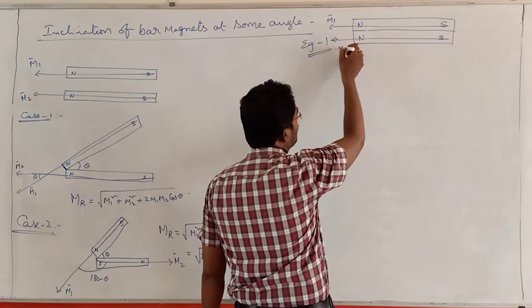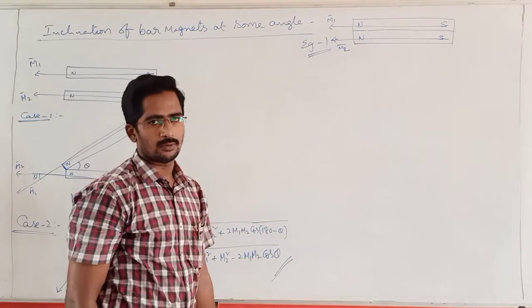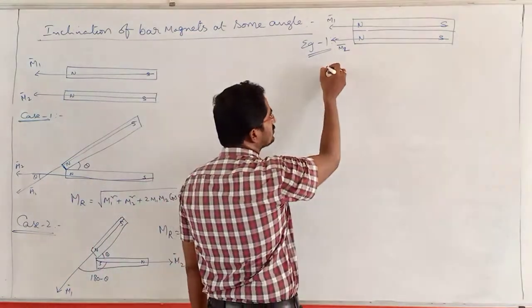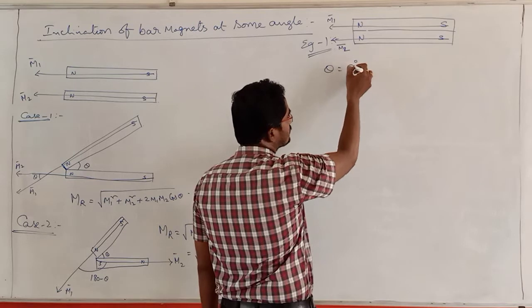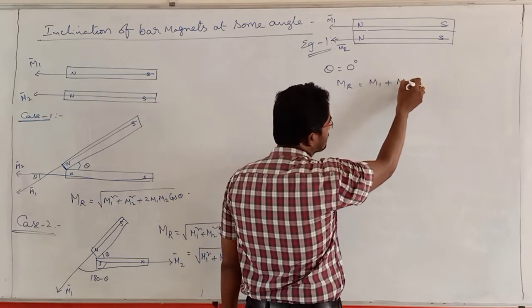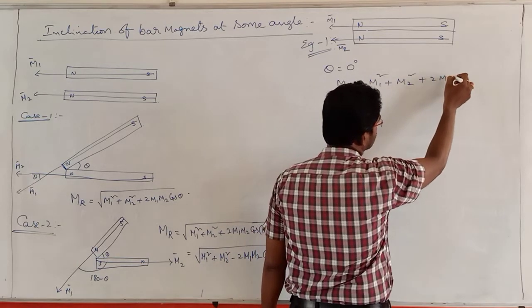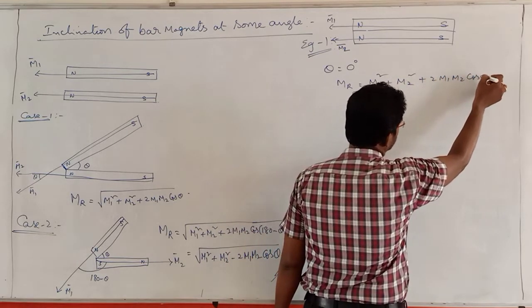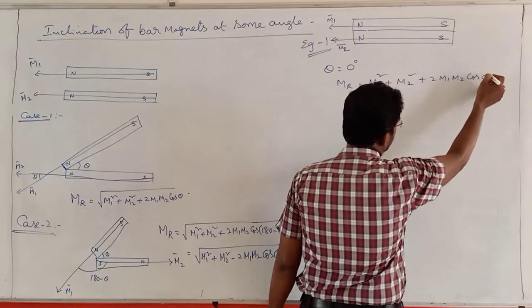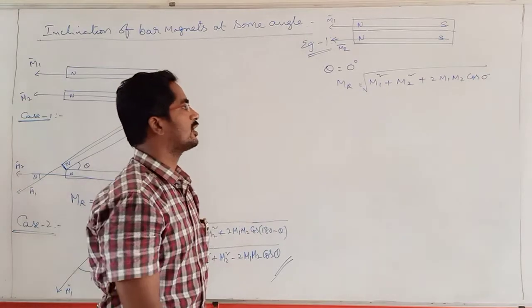Moment direction is south pole to north pole. Then the theta value is 0 here, such that the resultant magnetic moment will be equal to root over m1 square plus m2 square plus 2m1 m2 cos 0.